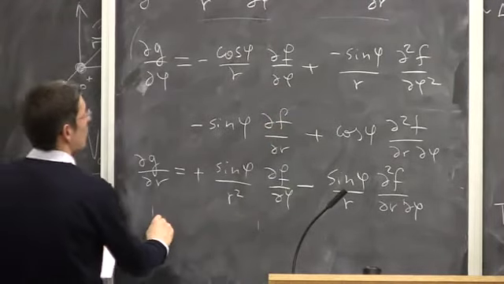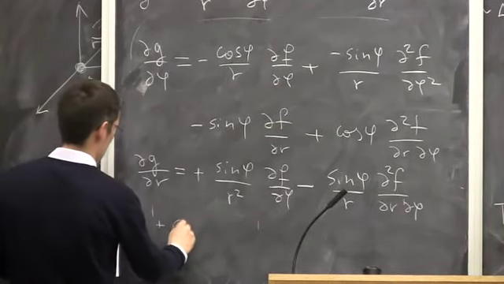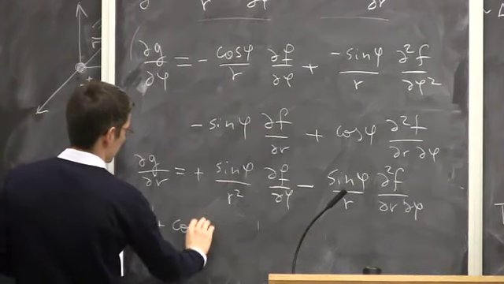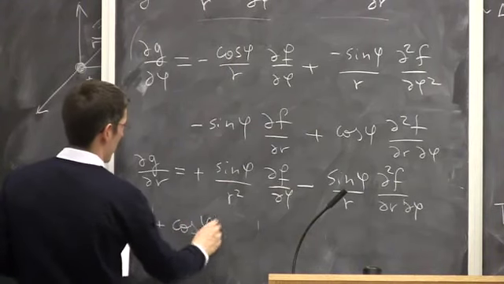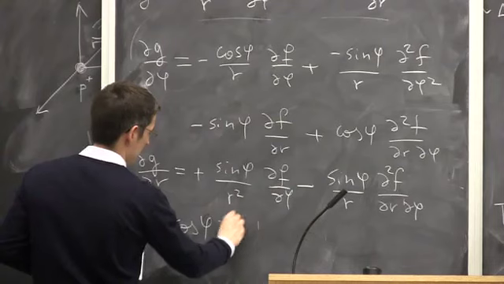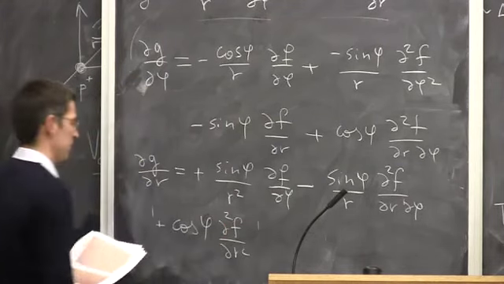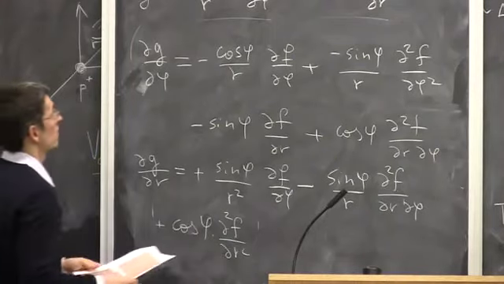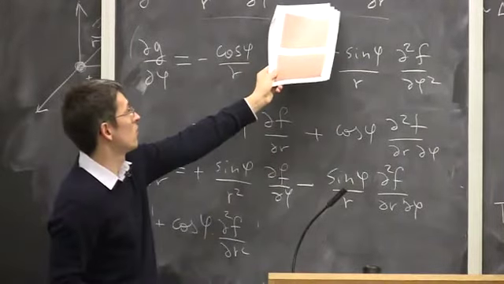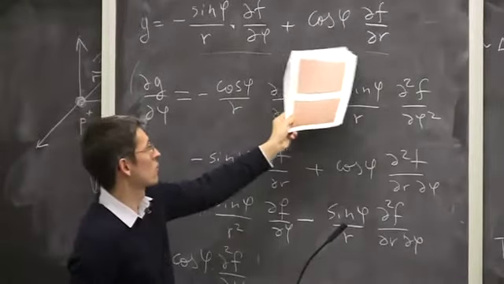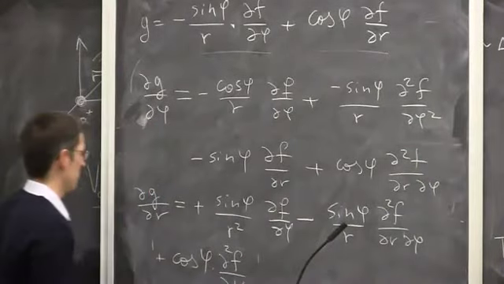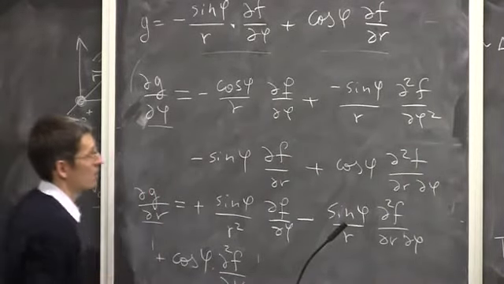And then the second one plus cosine of phi df dr squared. Right, because this one is easy, you don't need to differentiate this with respect to r, you just differentiate this. Alright, so we found these guys.